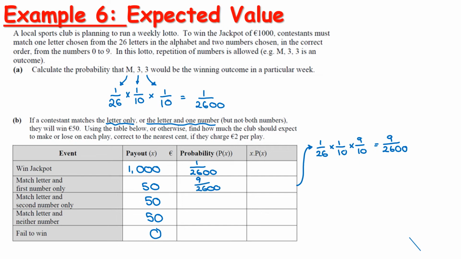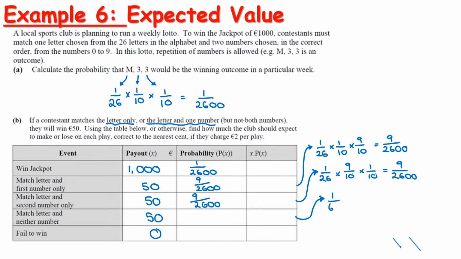We should get exactly the same answer for the second number because all we're doing is flipping where that 1 over 10 and 9 over 10 is. So that gives us 9 over 2,600.